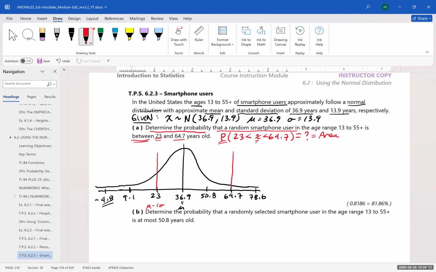And remember our empirical rule, where between -1 and +1 standard deviations, the area is 68%, which means this area is half of that. So this area here is going to be 34%.